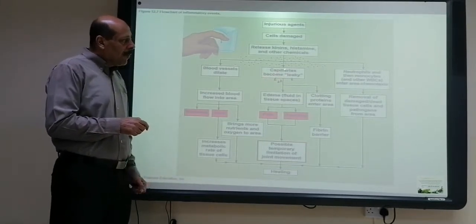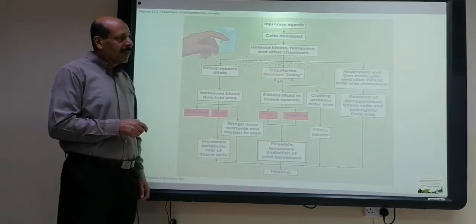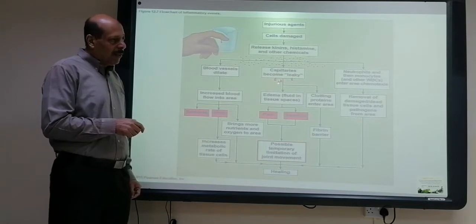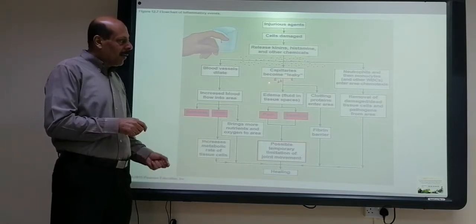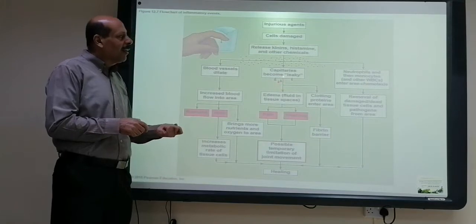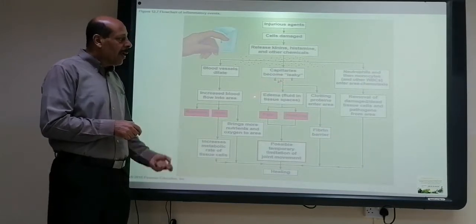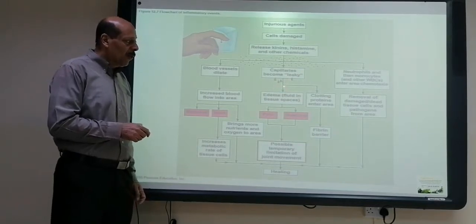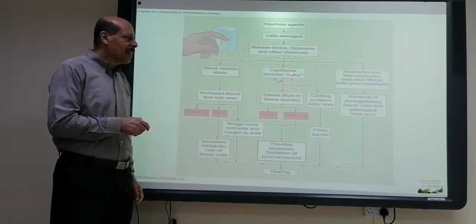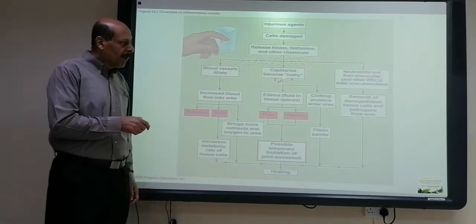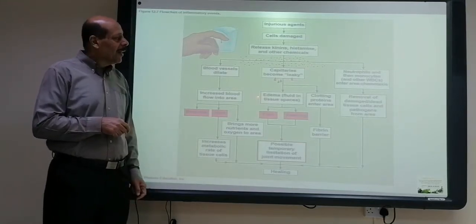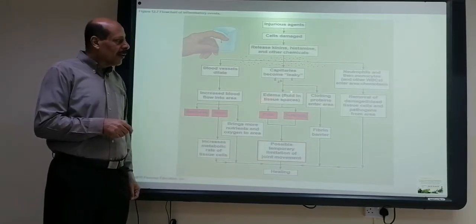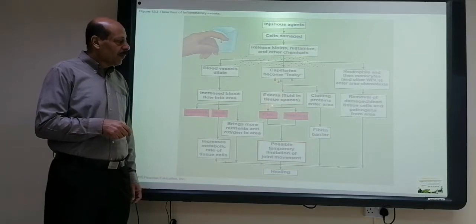So when the capillary walls dilate, the space between the cells becomes larger, and it leads to leakage of fluid from the capillaries. That increased passage of fluid from the capillaries to the tissues leads to edema. So swelling will be there in the tissues.